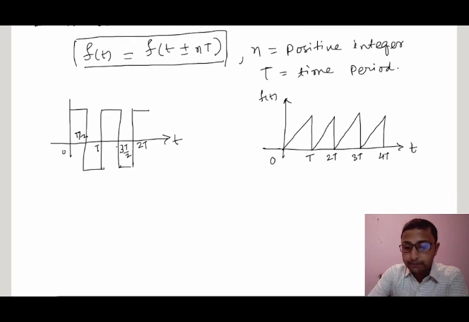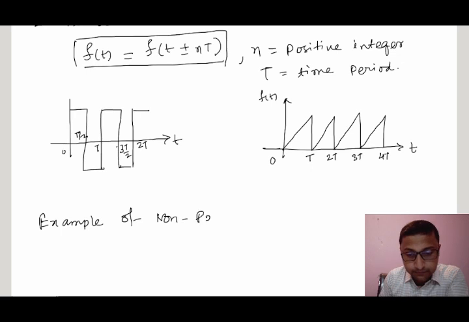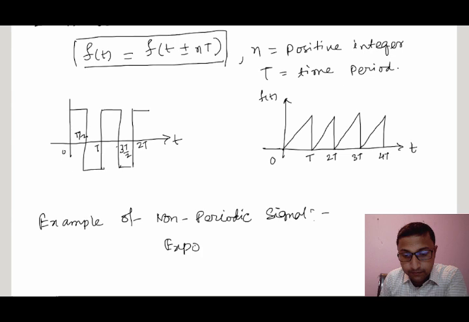Examples of non-periodic signals are, suppose, the exponential signal and the ramp signal.